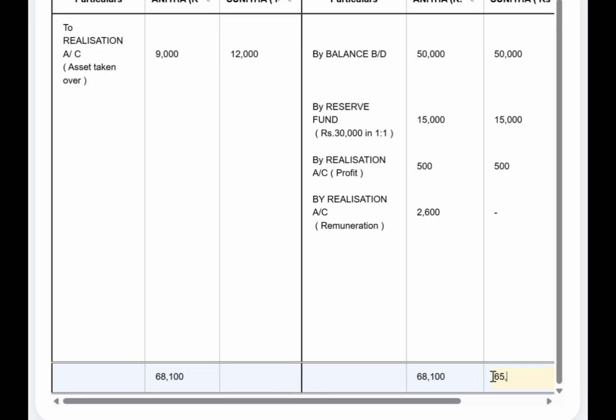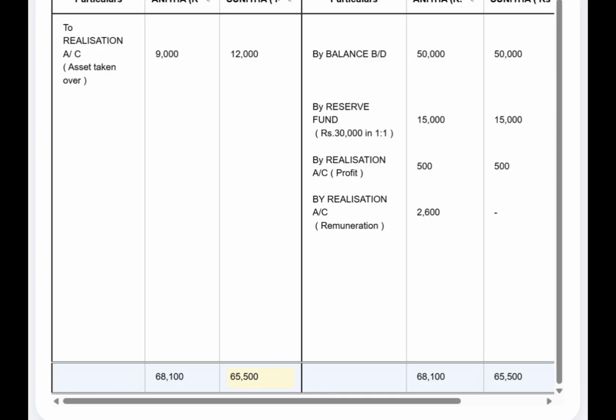And for Sunita, the total will be 65,500. The credit side is more, so write on both the sides 65,500. Now this credit side total should be deducted with the debit side total to find the final balance or the final settlement that has to be made to the partners.